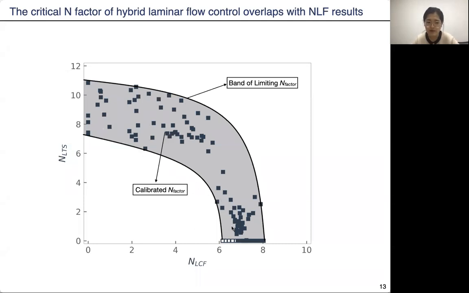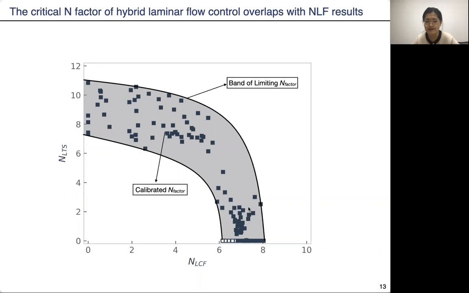And we also calibrated the hybrid laminar flow, the critical N factor here, and we found that the critical N factor of the hybrid laminar flow overlaps with the natural laminar flow, and this is very useful.